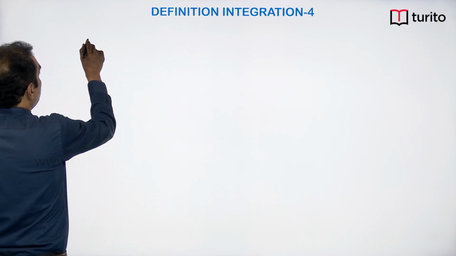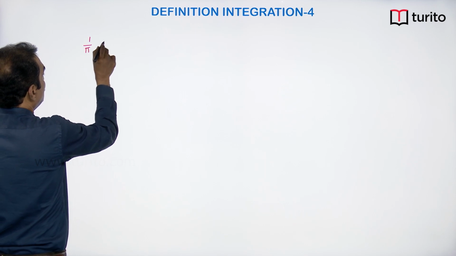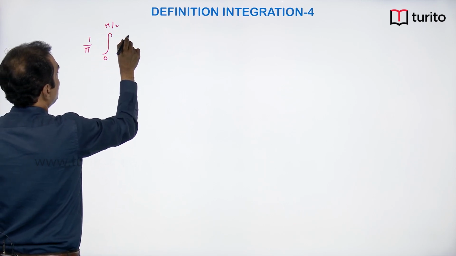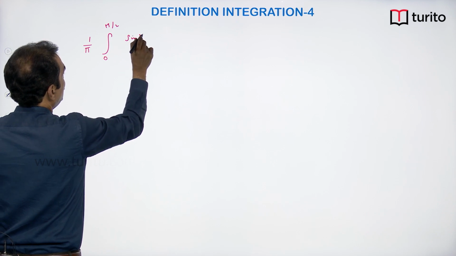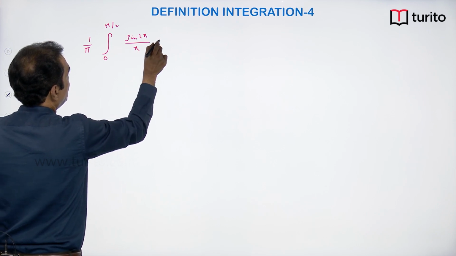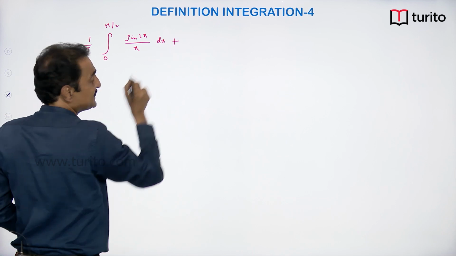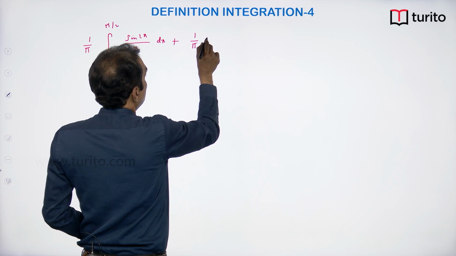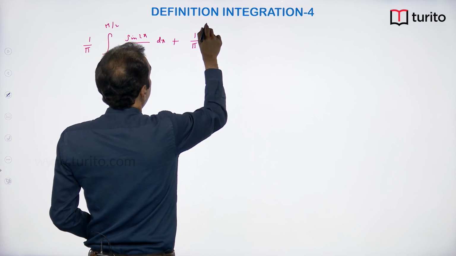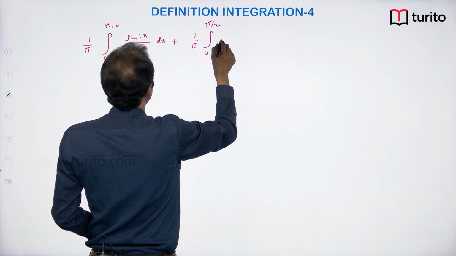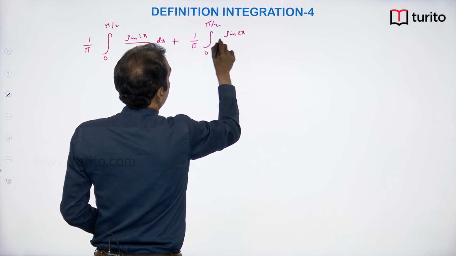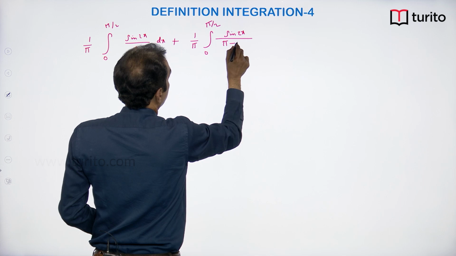1 by pi integral 0 to pi by 2 sin 2x by x dx plus 1 by pi into integral 0 to pi by 2 sin 2x by pi minus x.